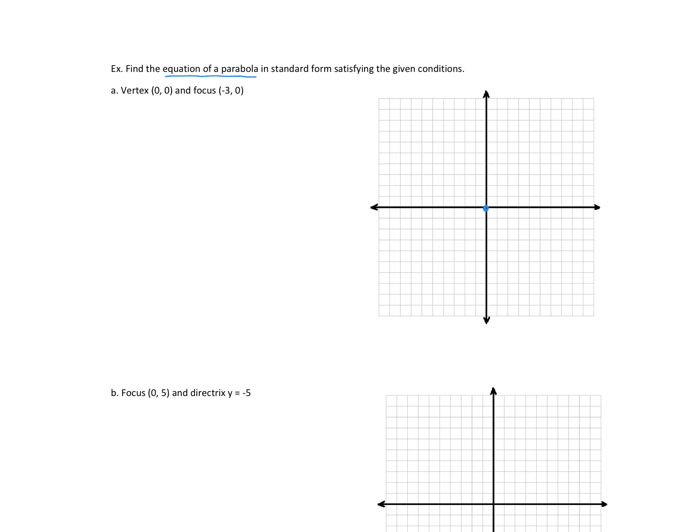And our focus, so this is our vertex, and our focus is negative 3, 0. So what that means to me is that this is going to open to the left, because we know that our focus is always kind of inside the parabolic shape. And because it opens to the left, it's going to be a y squared.